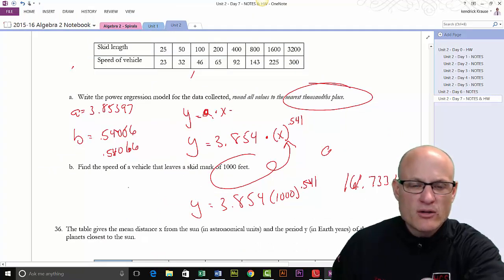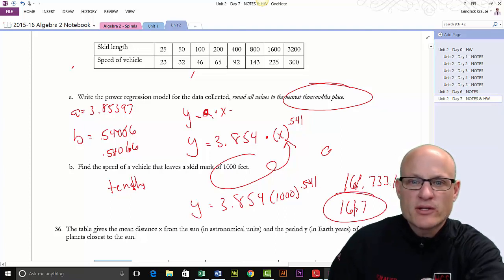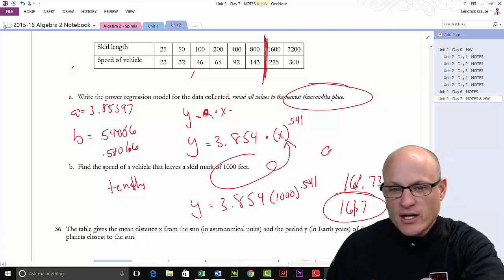I forgot to tell you how to round, so let's round to the tens place. Round to the tens place is 161.7. Does that make sense? 1,000 right in here, 161. Kind of makes sense. All right.